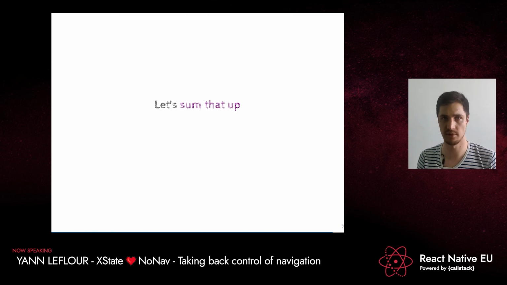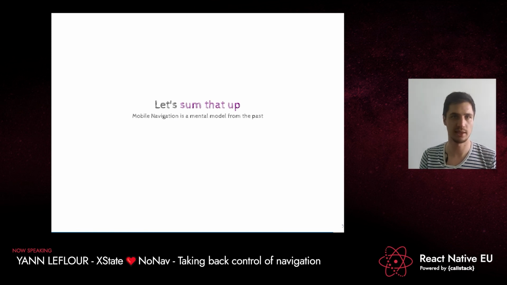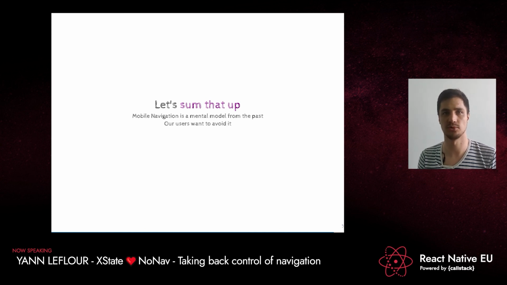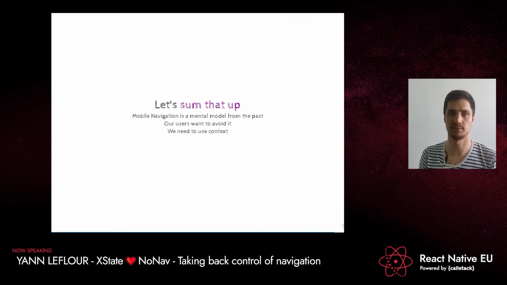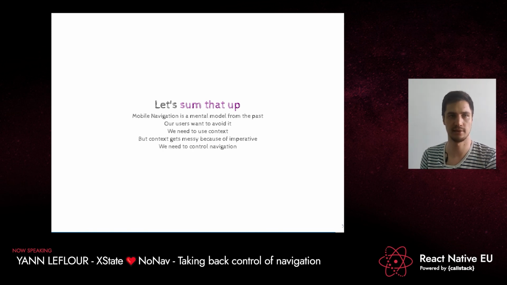So, to sum everything up, we have mobile navigation, which is a mental model that came from our past. Our mobile users want to avoid it. To do that, we need to use as much context as we can, but context gets messy because of imperative navigation. And we also need to control it ourselves, which means that it is complex to write down because of nested if conditions.